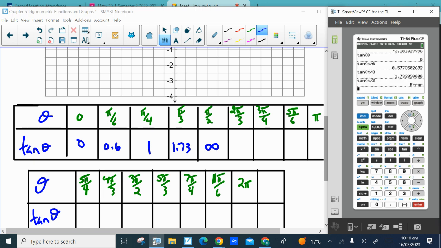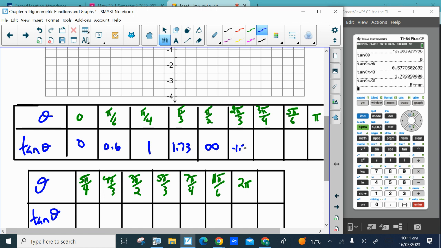Okay, and we can continue on using our calculator to get these values, but I'll just fill them in from here. At 2 pi on 3, it's negative 1.73. At 3 pi on 4, it's negative 1. 5 pi on 6, it's negative 0.6. At pi, it's 0.